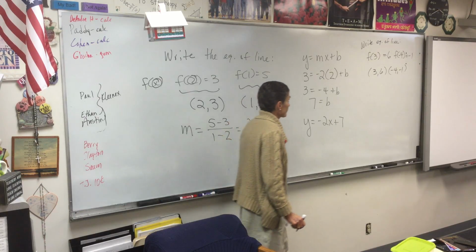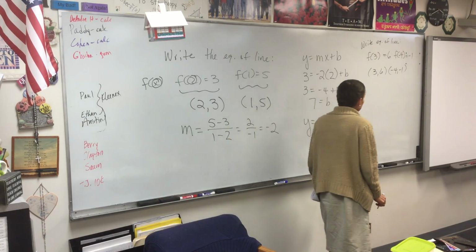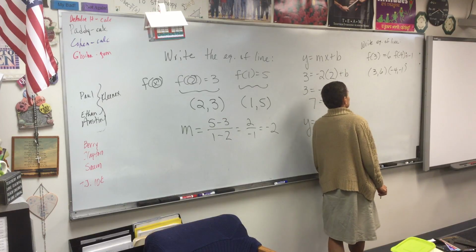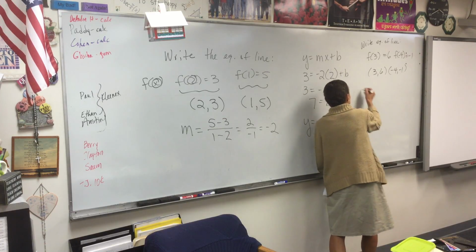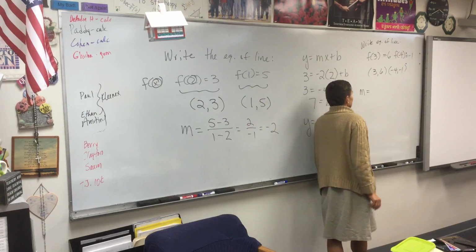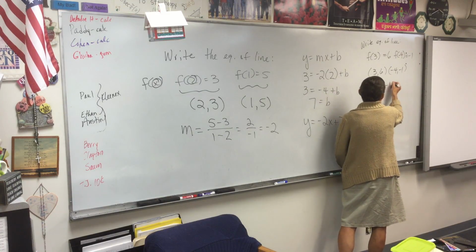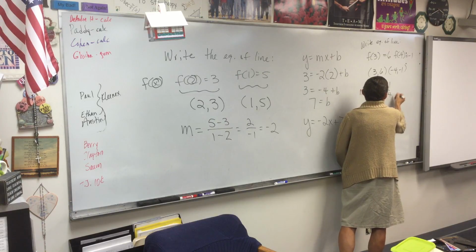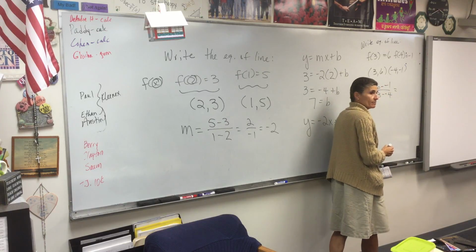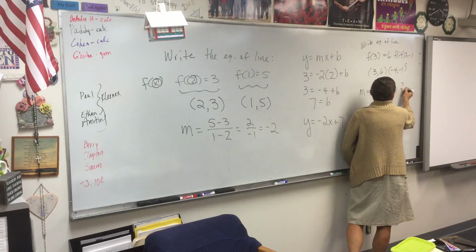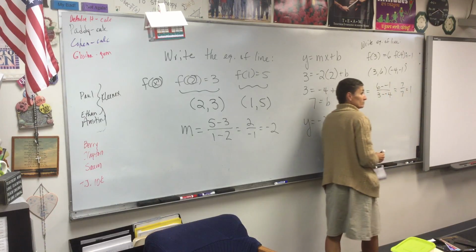Okay. What's the next thing I do? Find the slope. How do I do that? 6 minus -1 over 3 minus -4. Oh, and that works out great, doesn't it? Because that's 7 over 7, which is 1.